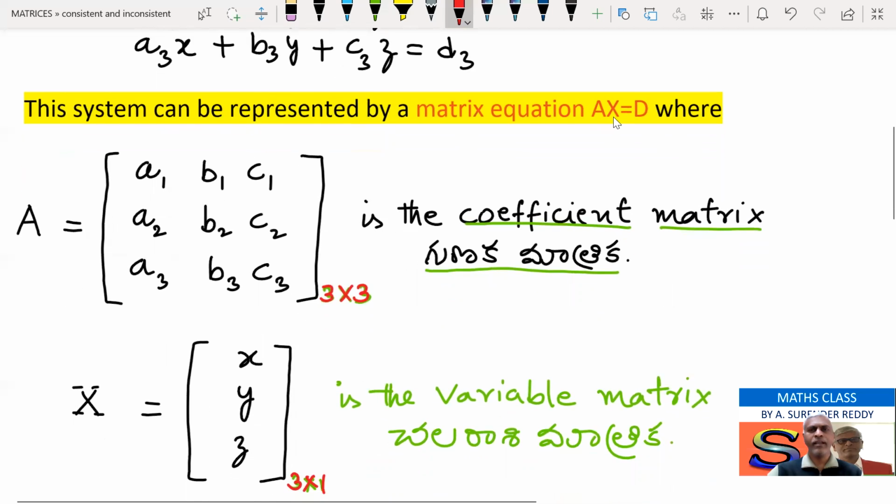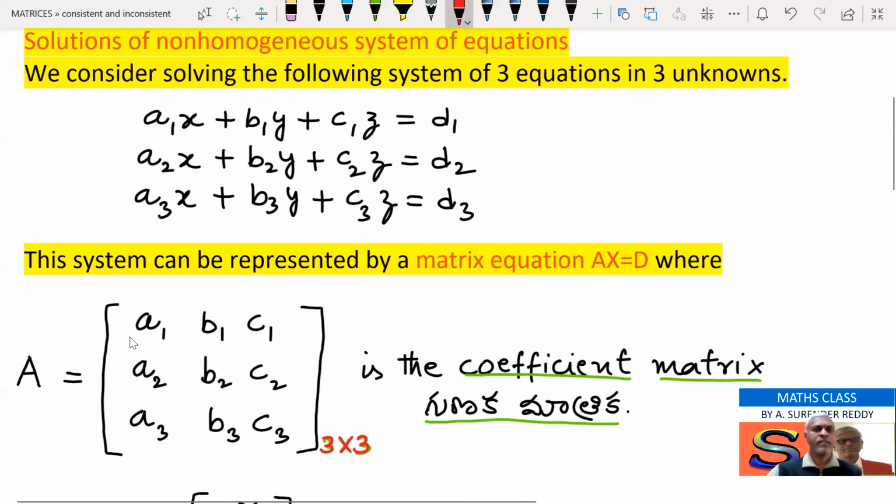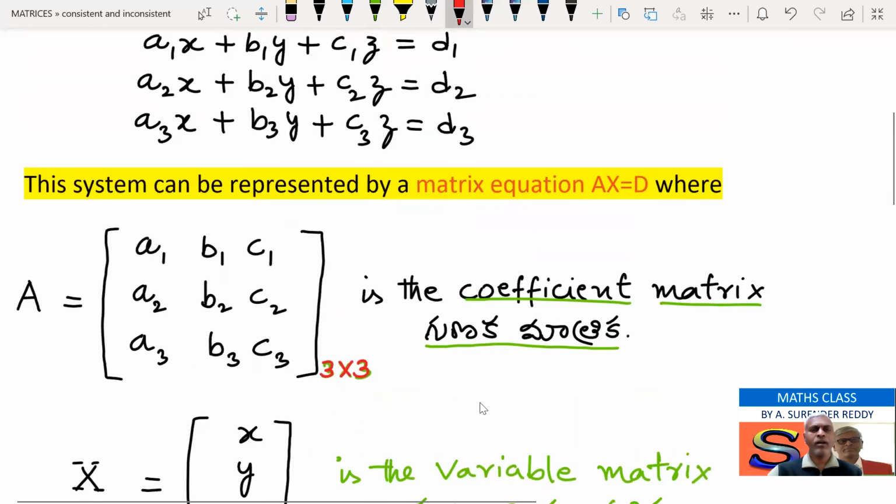where A, X, D are matrices, where A is a1, b1, c1, a2, b2, c2, a3, b3, c3, the coefficient matrix, గుణక మాత్రిక అంటాం. ఎందుకంటే these a1, b1, c1 are the coefficients of x, y, z in the equations. ఈ సమీకరణాలలోని x, y, z ల యొక్క గుణకాలు a1, b1, c1, a2, b2, c2, a3, b3, c3. అందువల్ల దీన్ని గుణక మాత్రిక అంటాం.